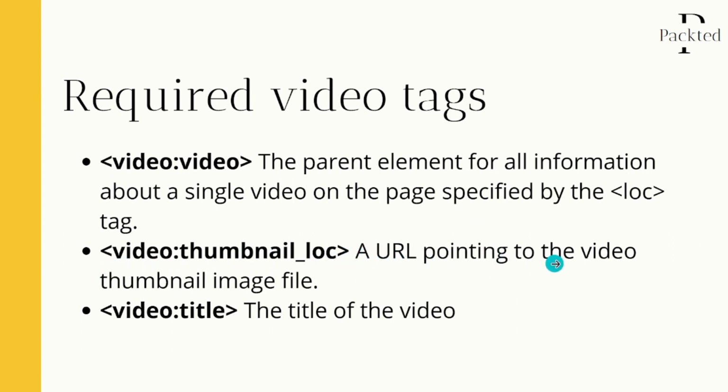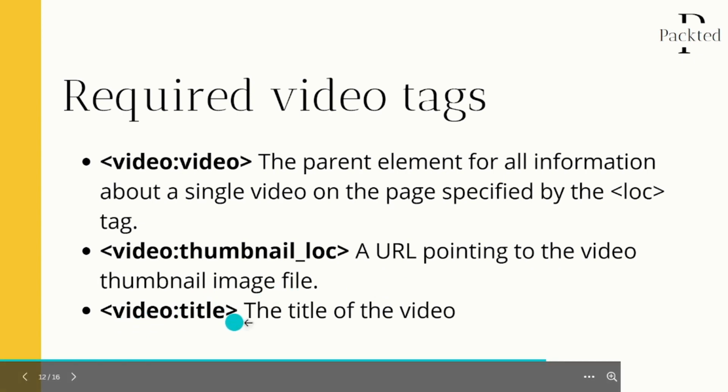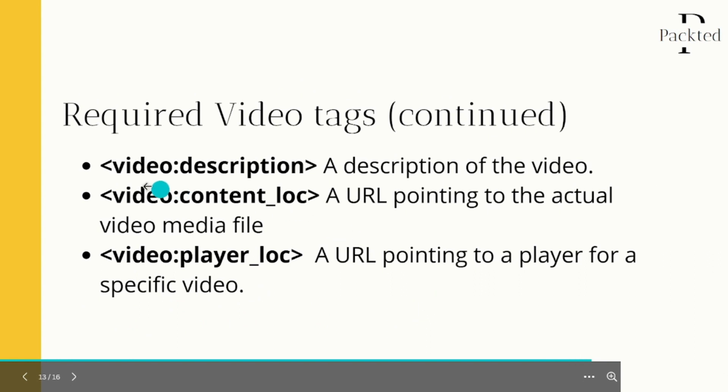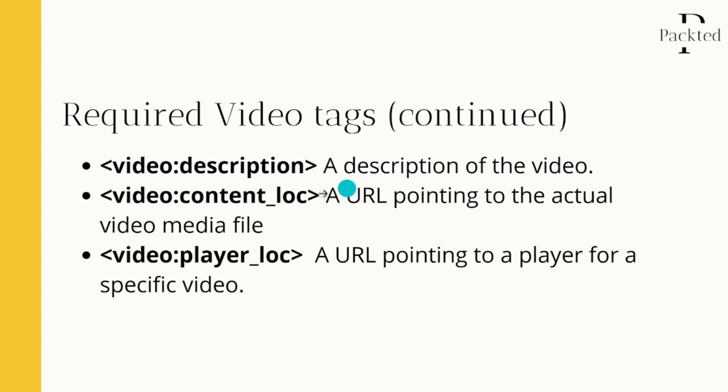This is a URL that points to the location of the image thumbnail. And the next is the video title. What is the title of the video? Next is video description. Again, it is very understandable. The content location, where is the actual video, and the player location. And this is a URL pointing to a player for a specific video.